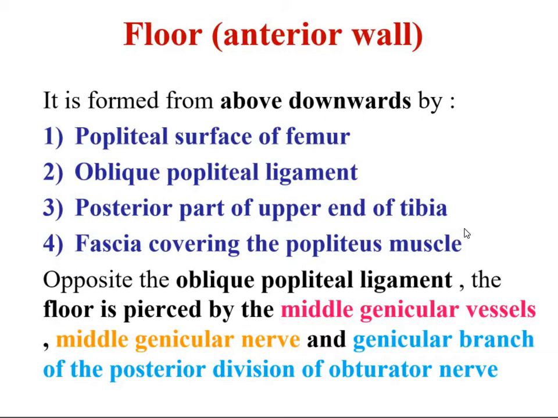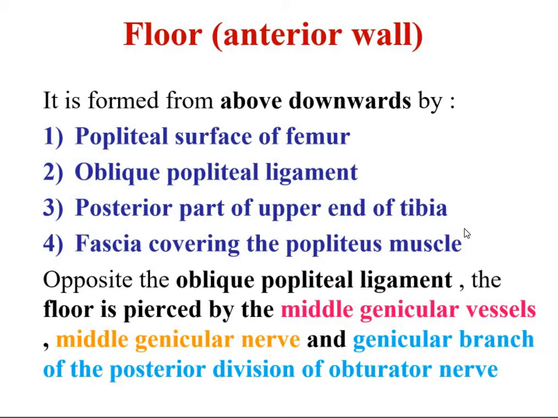So the floor, or the anterior wall. Why are we calling it floor? Because we explore the popliteal fossa on the posterior aspect of your knee joint. In order to explore that area, the person has to lie prone. When the person is lying prone, the posterior aspect of the knee is facing upwards.